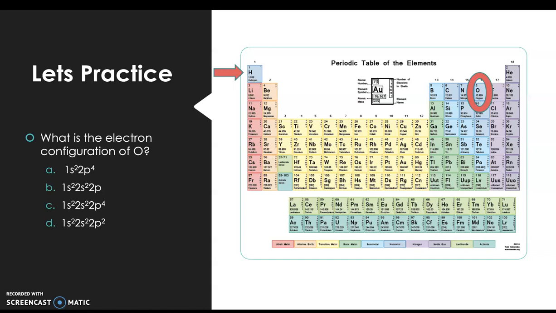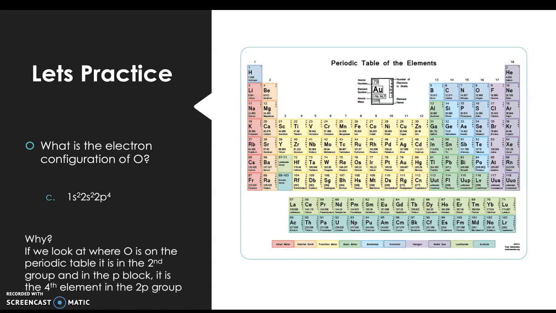We then proceed to group 2, and we know that the 2s orbital is also filled. We then proceed to the 2p group, and that is where we're able to see that oxygen is the 4th element in that block, leading us to know that the electron configuration is 1s2, 2s2, and 2p4.